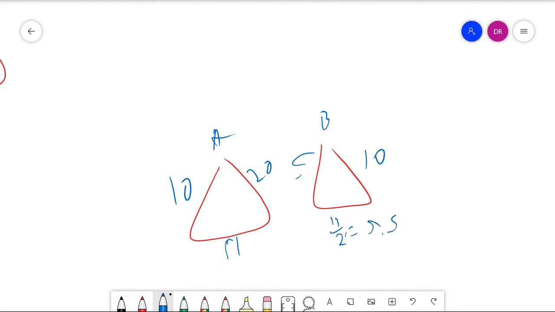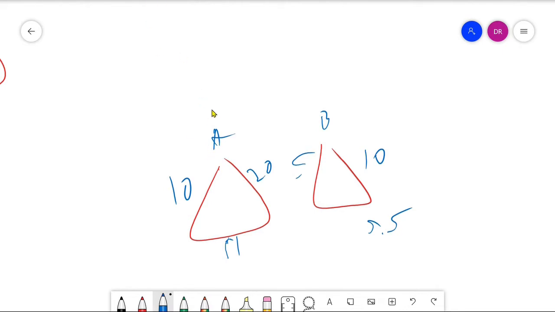Okay, so you can see that all three sides are proportionate, because if you were to multiply this length by 2, you get 10. 10 times 2 is 20, and 5.5 times 2 is 11. And so you have successfully proven that these two triangles are similar using side. These two triangles are similar using the side postulate.